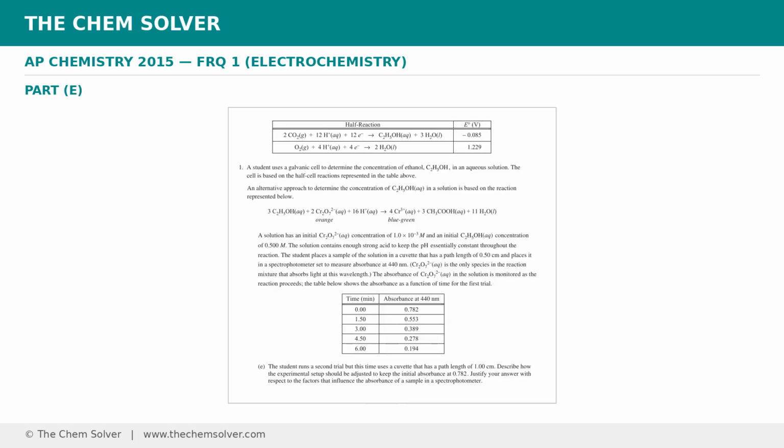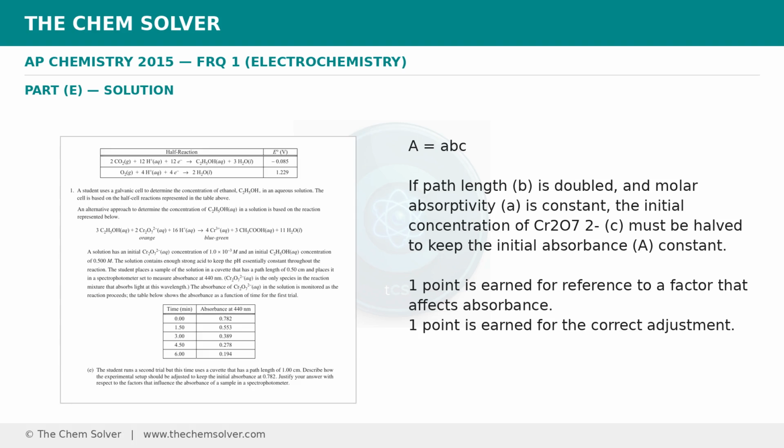The student runs a second trial, but this time uses a cuvette that has a path length of 1.00 centimeters. Describe how the experimental setup should be adjusted to keep the initial absorbance at 0.782. Justify your answer with respect to the factors that influence the absorbance of a sample in a spectrophotometer. A equals abc.